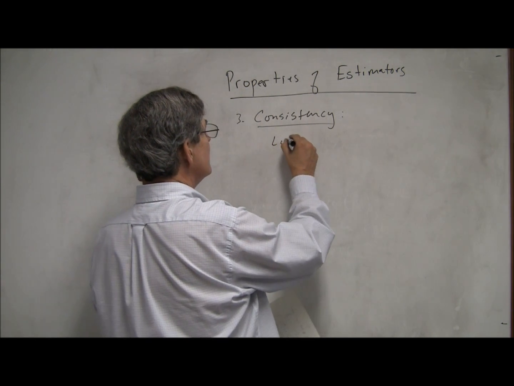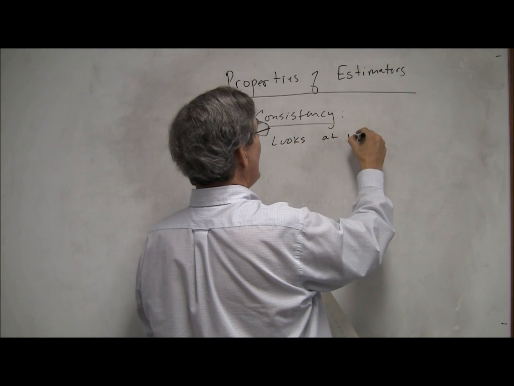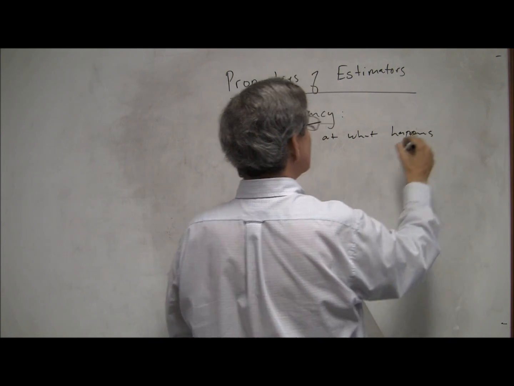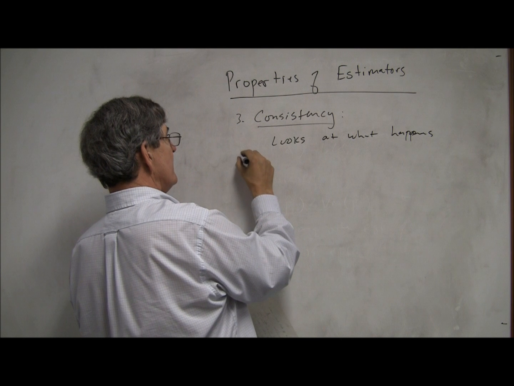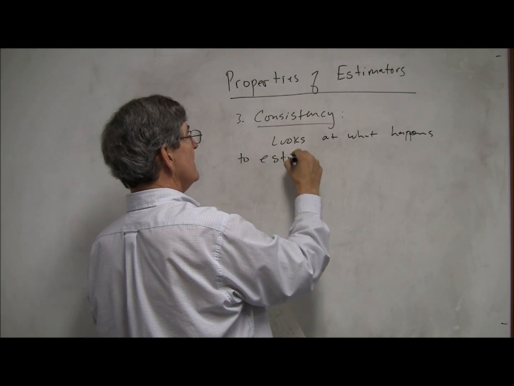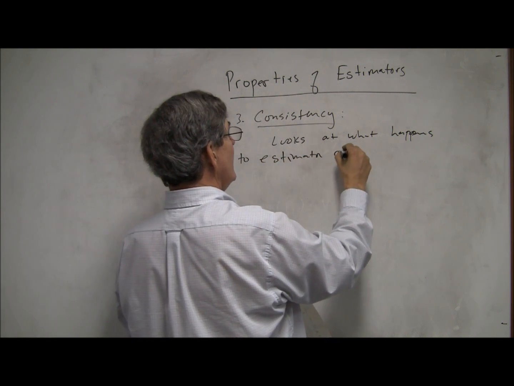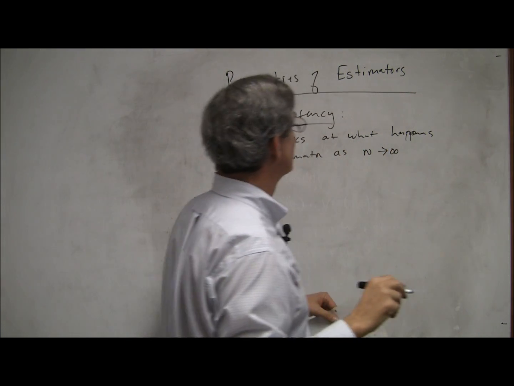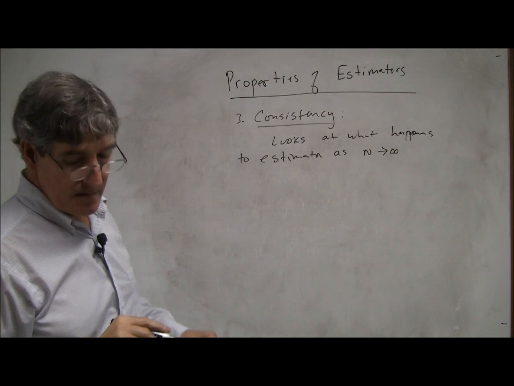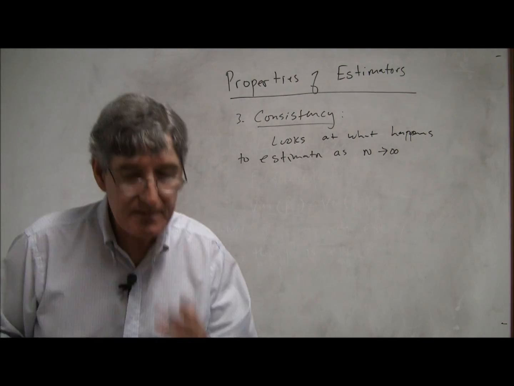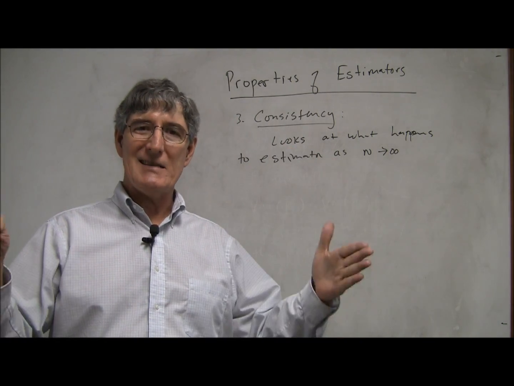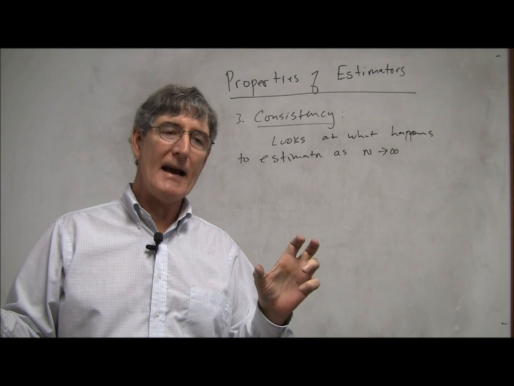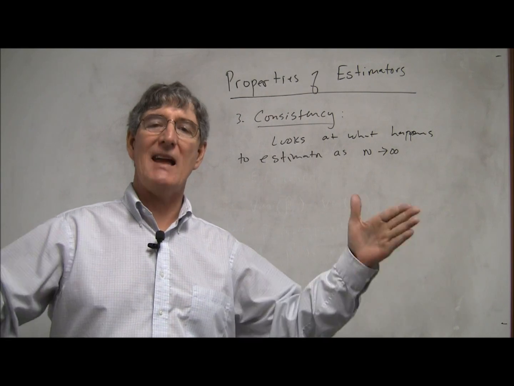This looks at what happens to the estimator as n goes to infinity. So for unbiasedness, our sample size n is fixed. And we're saying on average, would that estimator be correct for a fixed n?